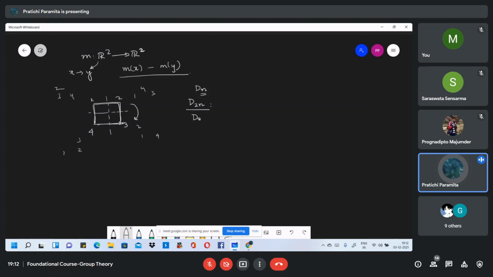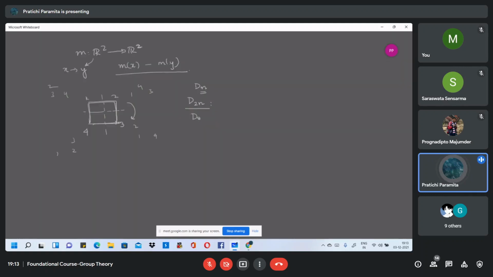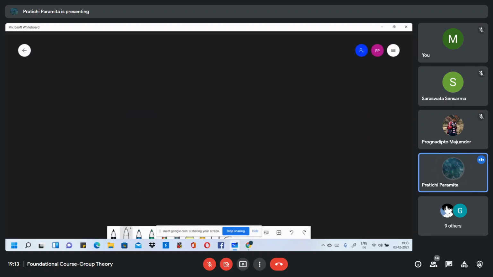I won't go into detail because we are running out of time. I'll just introduce something called matrix groups. Have you all heard about GLn(R)? Does anybody have an idea of what GLn(R) is?